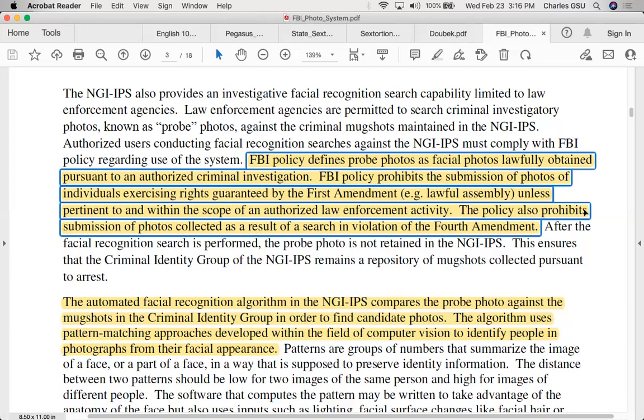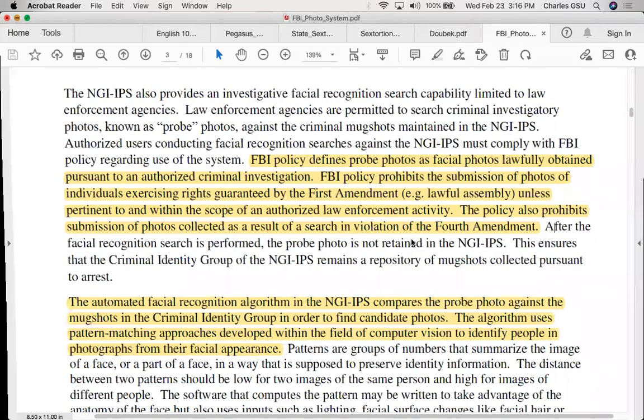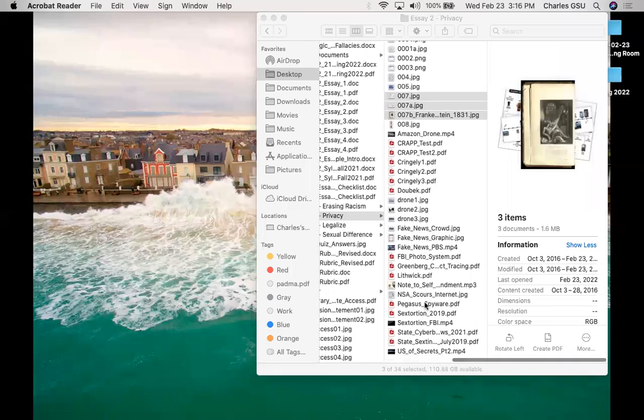This policy also prohibits submission of photos collected as a result of a search in violation of the Fourth Amendment. So, Fourth Amendment being the amendment that allows for us to be protected against unlawful search and seizure. Speaking of which, I might go back to that point about the Fourth Amendment.